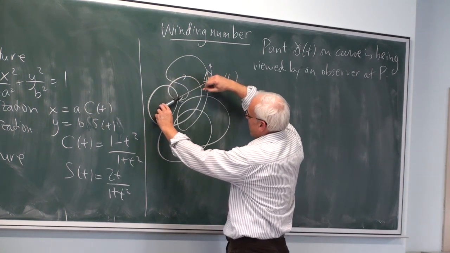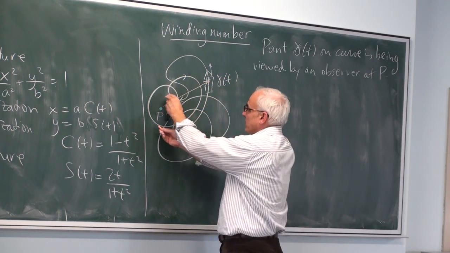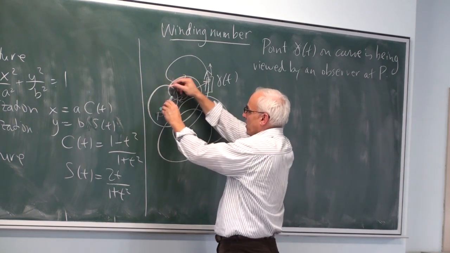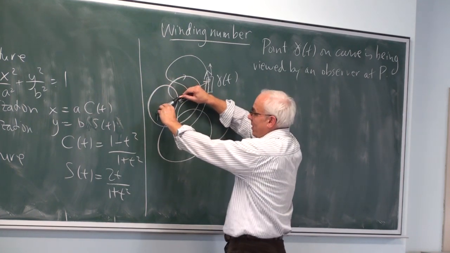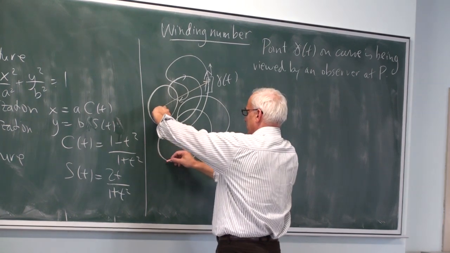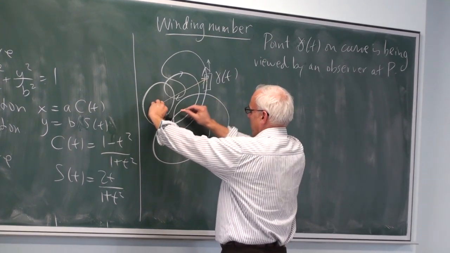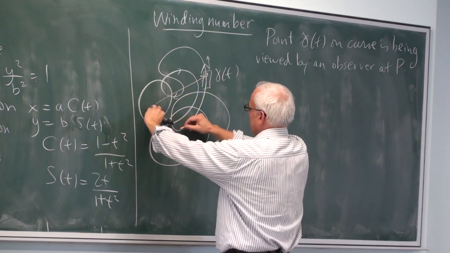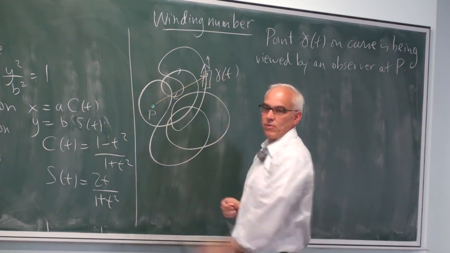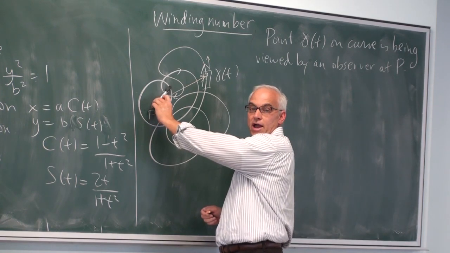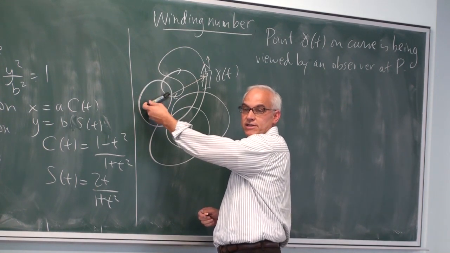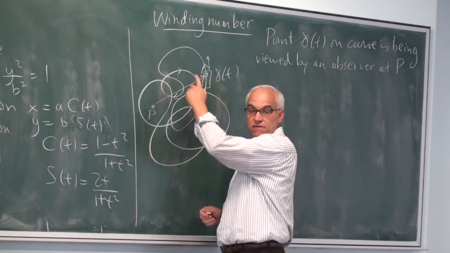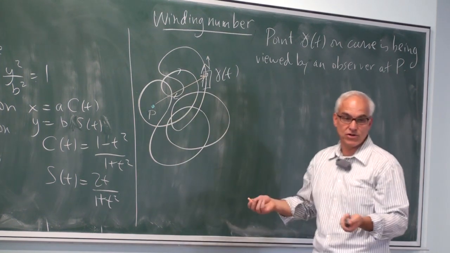It's not really done very much so far. And now it's gone around once. And now we're still following it. It's still back to where it started. So overall, the viewer has had to turn around once at that position to follow the path of the person on the roller coaster.